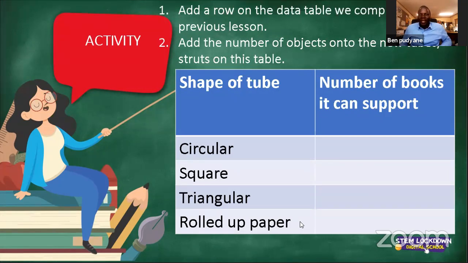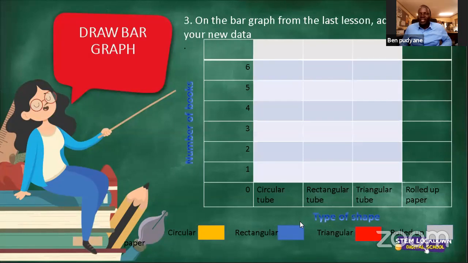We remember on the last presentation yesterday, we did measure the strength of the three shapes, the hollow tubes, which was circular, the one which was rectangular, and the one which was triangular.